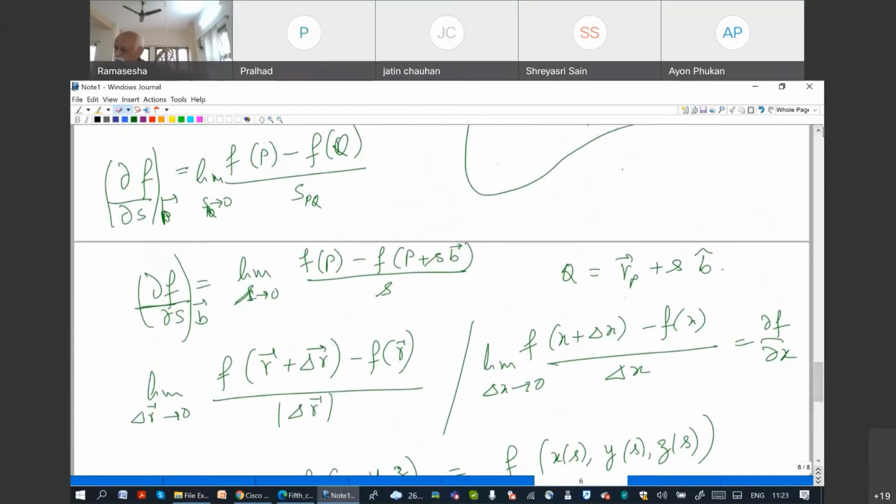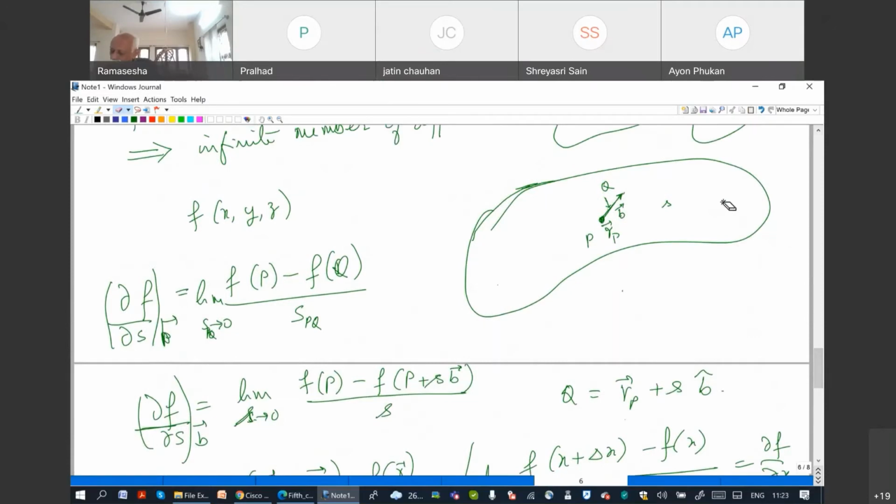Yes, sir. So you are moving along this line. To move along this line, you are given the vector B. B changes along this line as x of s times i1 plus y of s times i2 plus z of s times i3.